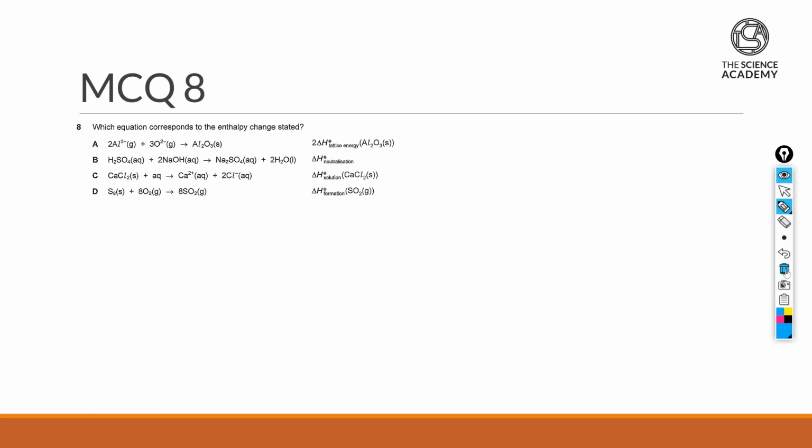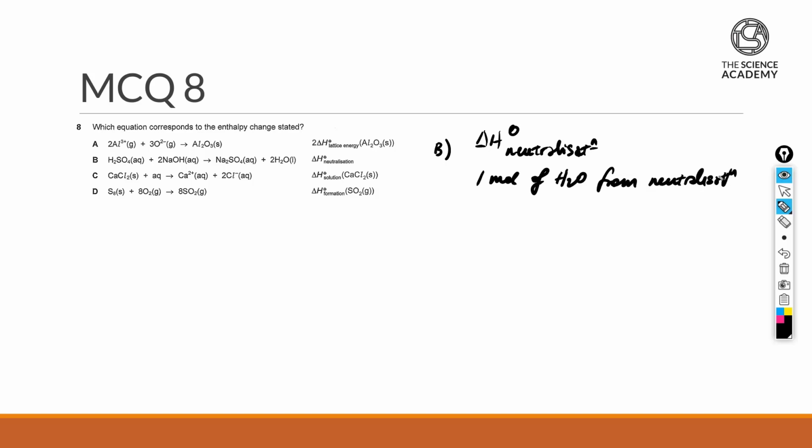Now for the next case here of B, we're looking for standard enthalpy of neutralization. In the case for standard enthalpy of neutralization, it's actually to find out what is the energy to form 1 mole of water from neutralization of a strong acid and alkali.